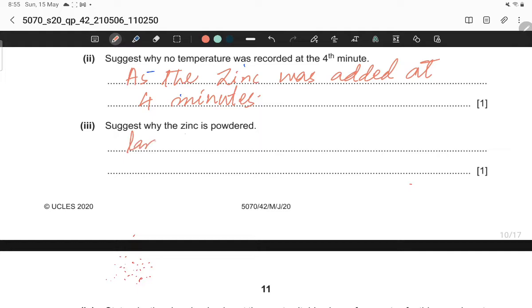Larger surface area means the zinc is exposed to the other reactant on all sides. A larger surface area increases the rate of reaction.